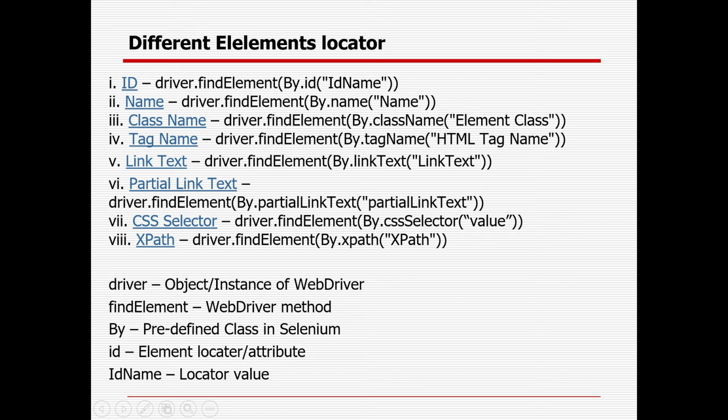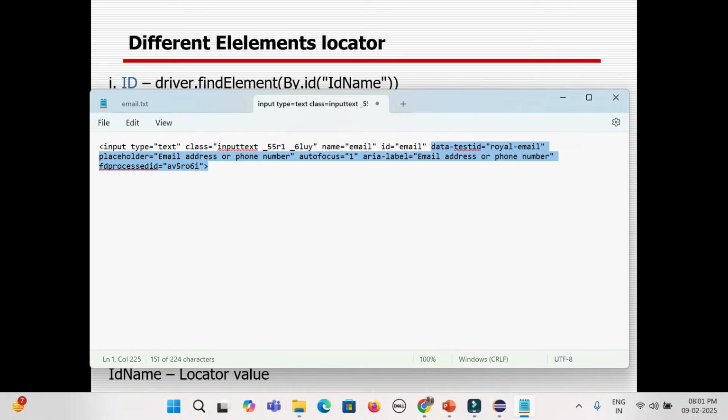Driver means the WebDriver object, here in our case driver1. find_element is the method. Then By.id, and here you give the ID, class name, or name, if those attributes are available. ID is the attribute and this is the value, name is the parameter, and if class is there, I can use it.